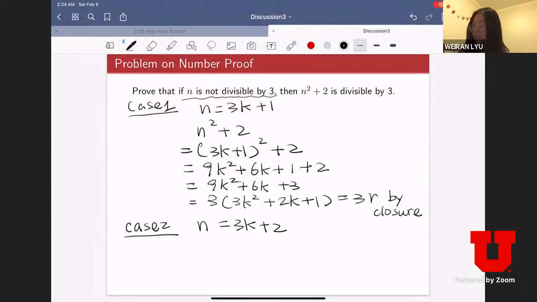And case 2 should have similar steps. I'm just going to write on the next page.